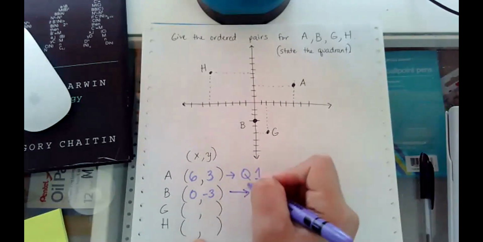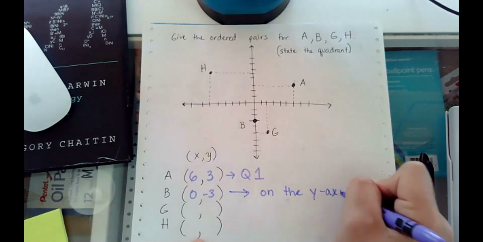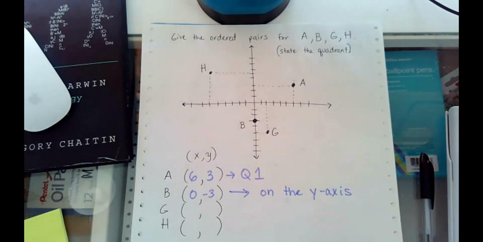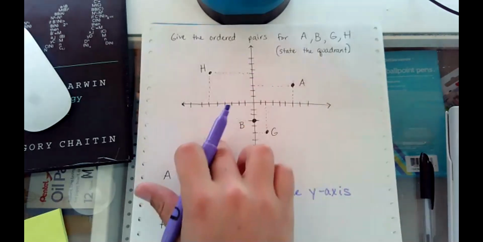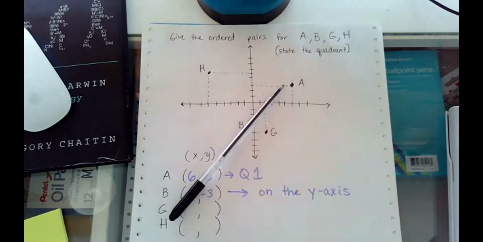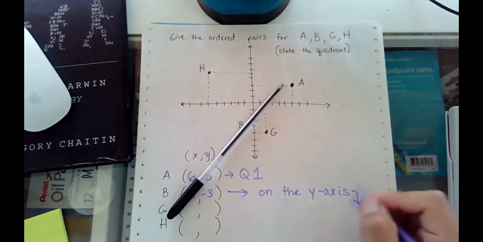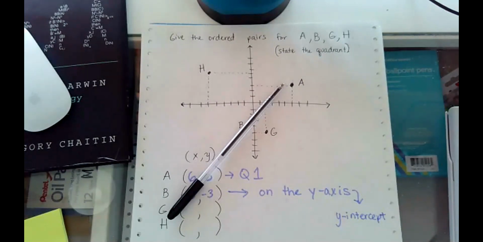We could say that it is on the y-axis. So B is neither in quadrant 1, 2, 3, or 4. It is on the y-axis. Usually we'll say that something like that is a special kind of point that you might call a y-intercept, because it's intersecting the y-axis.